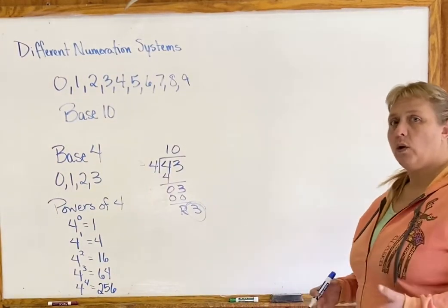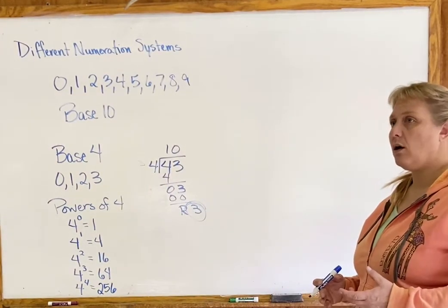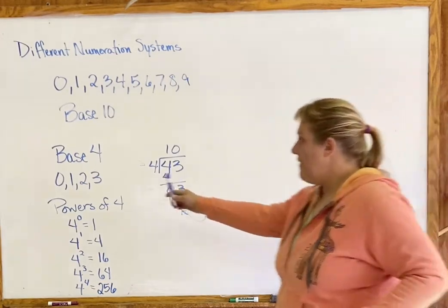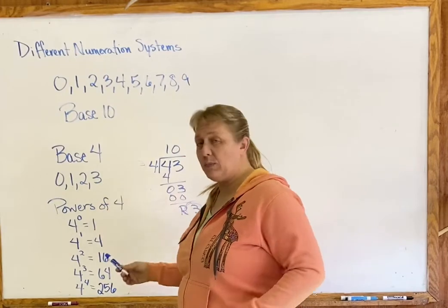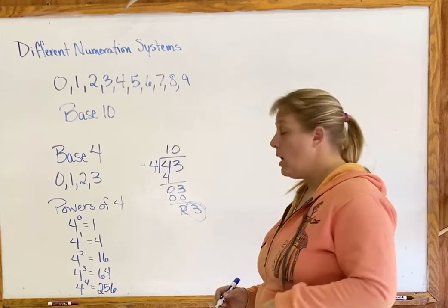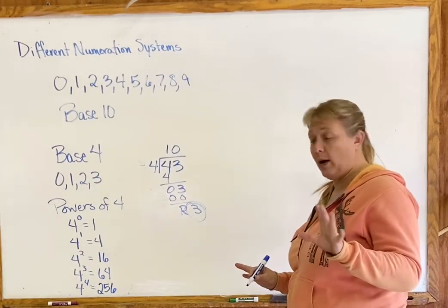Now, we are going to use the expanded form and these 4 digits, but instead of using powers of 10, we're going to use powers of 4. Watch the way I write a number.